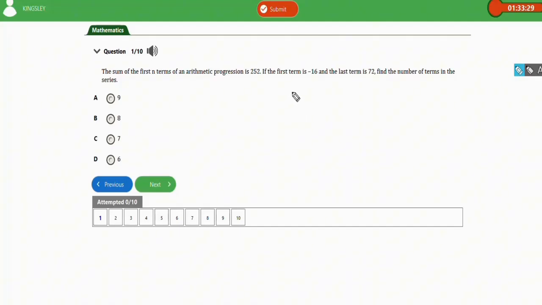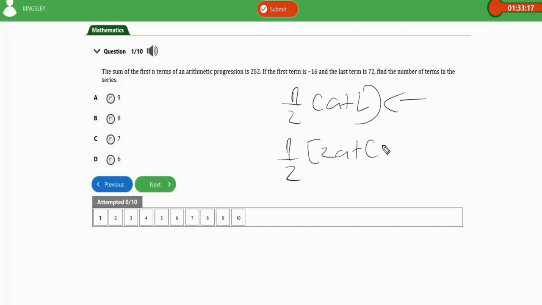The first formula is n over 2 (a plus l), when the last term is given. We also have n over 2 (2a plus (n minus 1) d), which is used when the last term is not given.